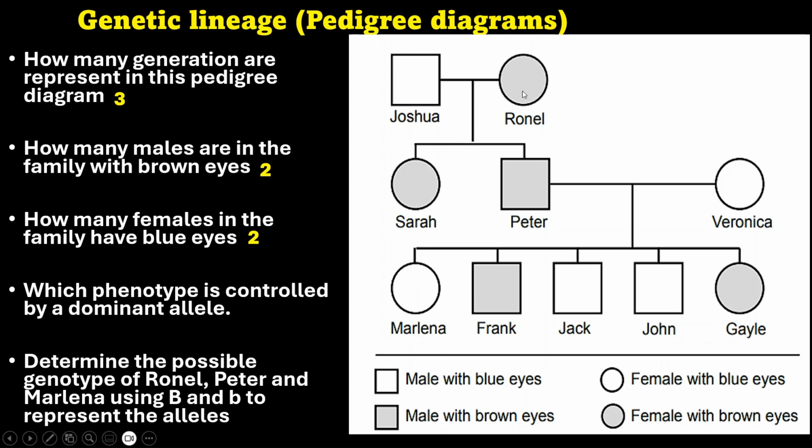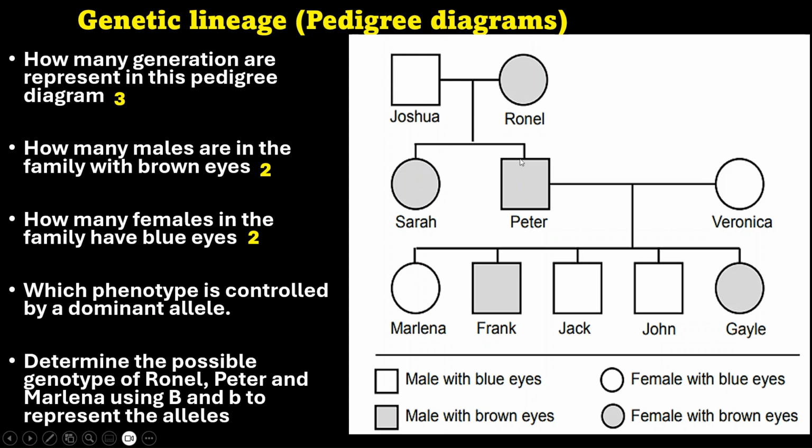Both eyes are brown. What happened to Joshua's blue eye? It disappeared in the two children. Why? It was masked by Ronell's brown eyes, suggesting that Ronell's brown eyes are controlled by a dominant allele.